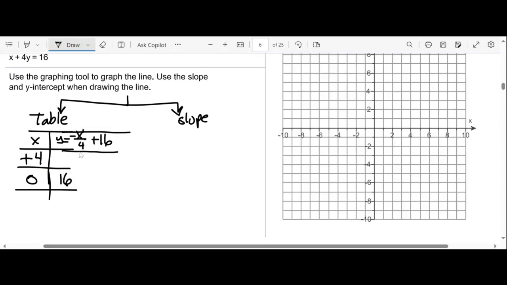What are you going to get? 15. What if I use another number like 8? 14. What if I use another number? 12.